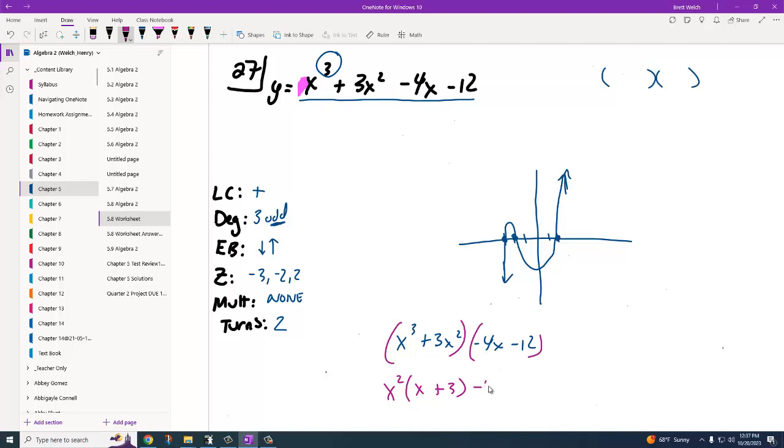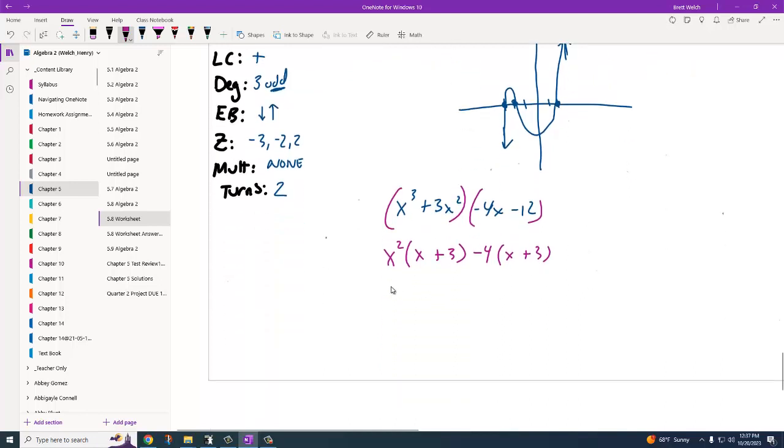And over here I would pull a -4 out, which would leave me with x plus 3 as well. That would factor further as x squared minus 4 times x plus 3. And because I have an x squared minus 4, which is a difference of squares, I can do an x plus 2, an x minus 2, and an x plus 3, which gives me zeros of -2, +2, and -3. The same 3 zeros we got by graphing.